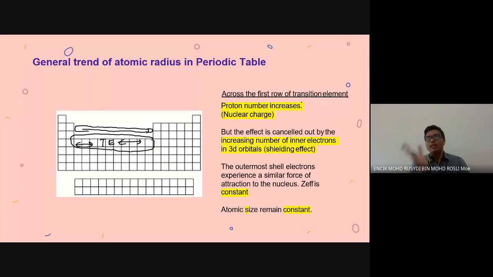Okay, like earlier across the period, we also have the proton number increasing. So we have the nuclear charge increasing here. Okay, right. But the effect is cancelled out by the increasing number of inner electrons in the 3D orbital.